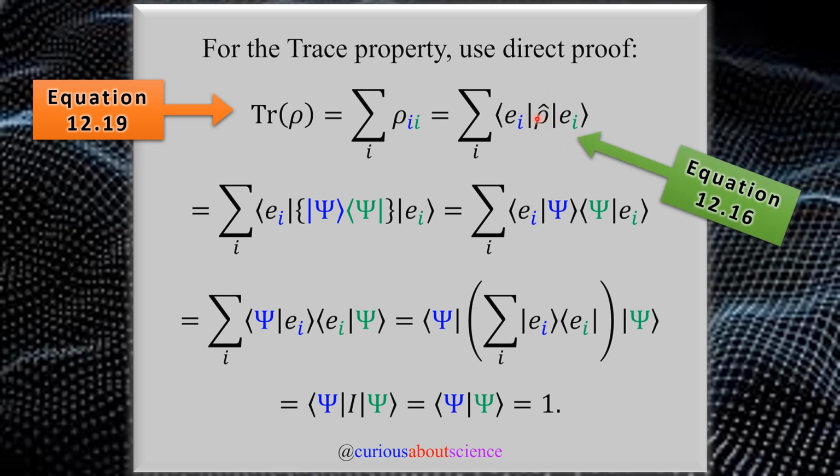And that comes from equation 1216. That's just another way of expressing it. And since we know that the operator here is the outer product or the projection operator onto the state itself, what we see here is that once we put this in here, E acting on psi in blue, psi acting on E in green, we get a couple inner products here, so that's perfect.